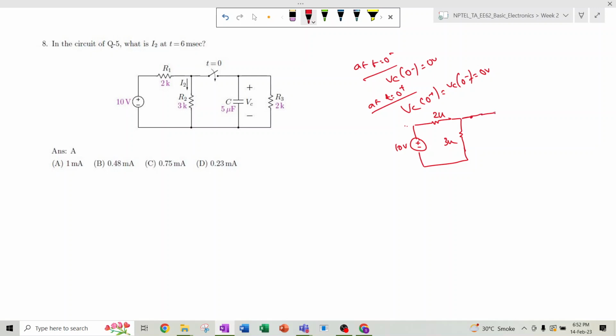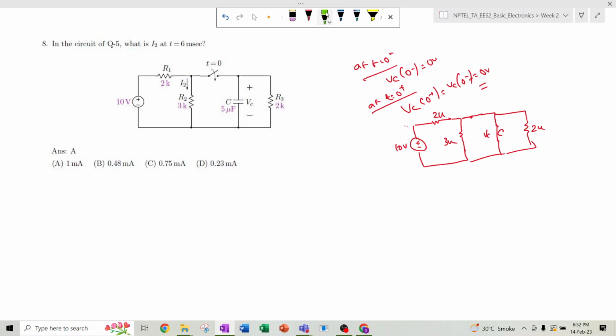The voltage across the capacitor is 0 volt, which means it is a short circuit, and here we have 2k.